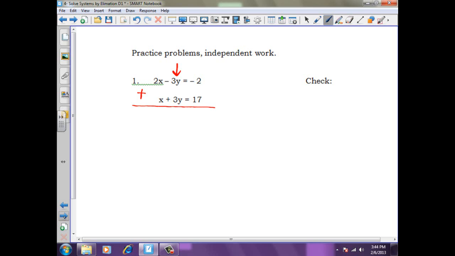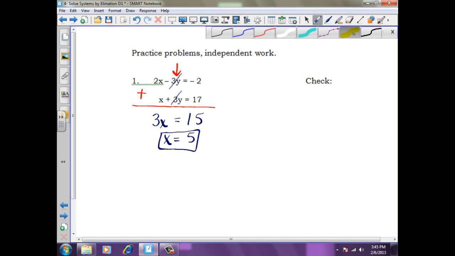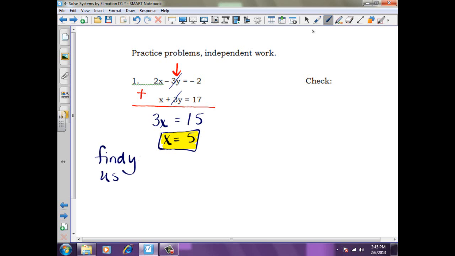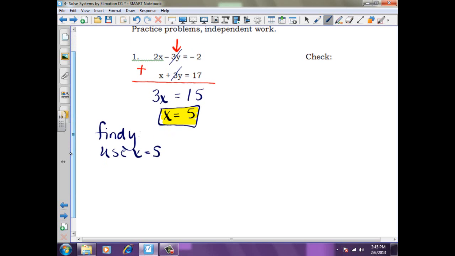Welcome back. Let's take a moment, and when we add our two equations together, our y's do drop out, and we have 3x equals 15 and x equals 5. I now want to find my y. I'm going to use my x, which I found to be 5, in one of the original equations.